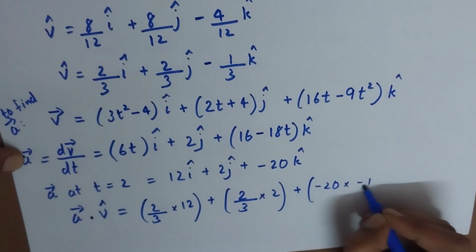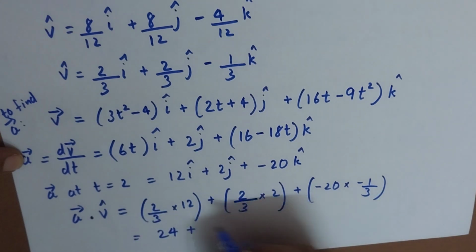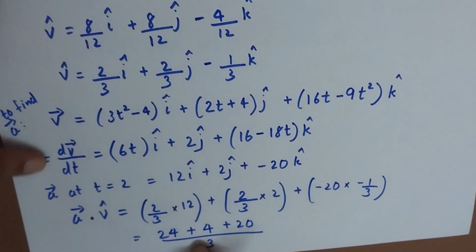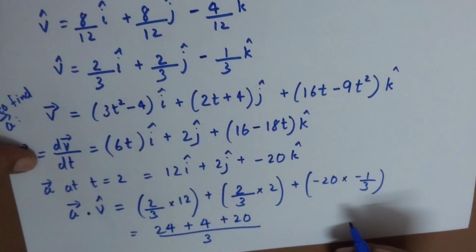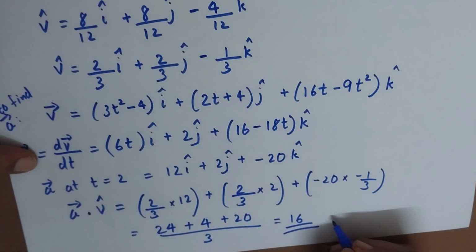All the denominators are the same, so this is equal to 24 plus 4 plus 20 by 3. Now 24 plus 24 is 48, and 48 divided by 3 is 16. So this is the answer. This is the tangential component of the acceleration vector at time t equal to 2.